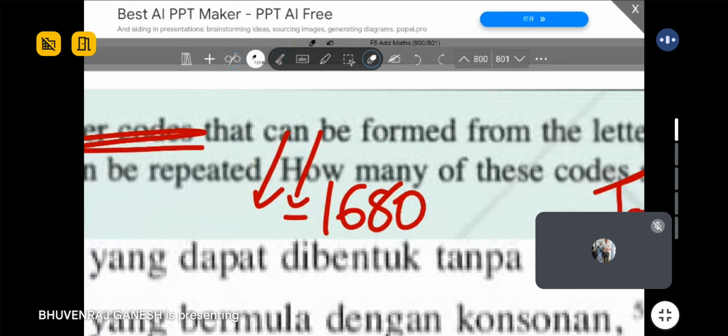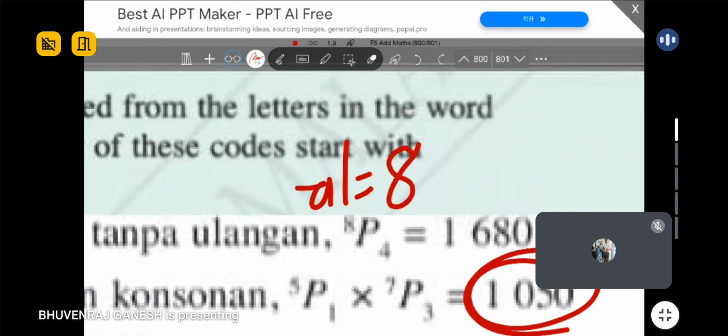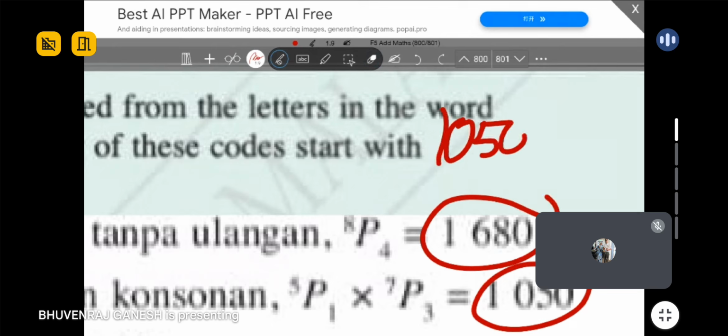One more thing, guys, on this question. Between these two answers, you see that this answer over here is smaller compared to this one, correct? 1050 is less than 1680.